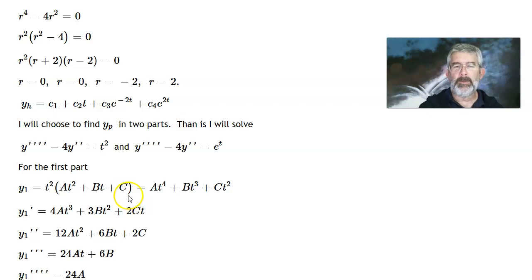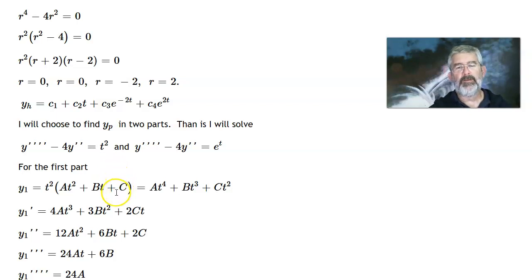However, there's a problem here because c and bt are already solutions to the homogeneous equation, right? A constant and a constant times t are part of the homogeneous solution. So there isn't any way they're going to be part of the particular solution.